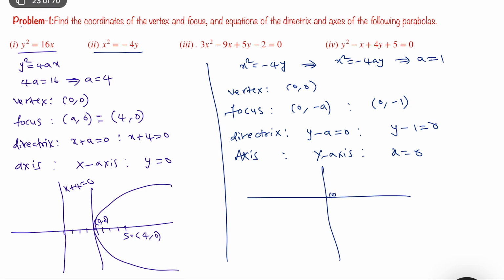So here is the vertex 0, 0, and the focus is 0 comma minus 1. Okay, so this opens downward, and let me draw the directrix here, y minus 1 equal to 0. This is the line parallel to the x-axis, and the parabola opens downward like this. Okay, so fine.